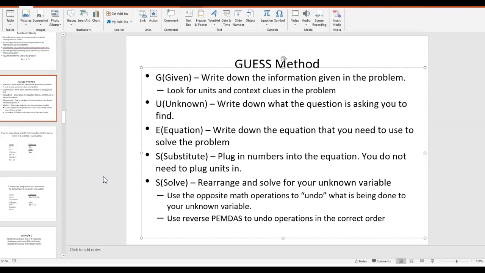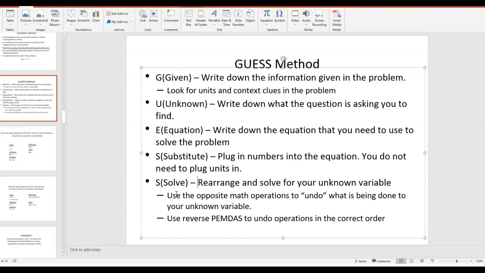The way I teach that is to use reverse PEMDAS to undo operations in the correct order. You should have learned about PEMDAS in math classes in middle school. PEMDAS is for order of operations. That stands for parentheses, exponents, multiply, divide, add, and subtract. To solve an equation and rearrange the equation to get the unknown by itself, you're basically going to do PEMDAS backwards.